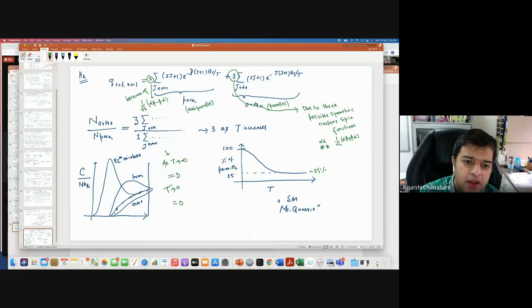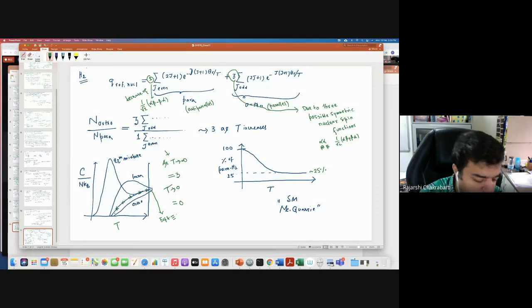At room temperature or slightly higher, which is around here, if I make a plot of this as a function of temperature, I'll get points like this. These are experimentally obtained points, and you connect them.